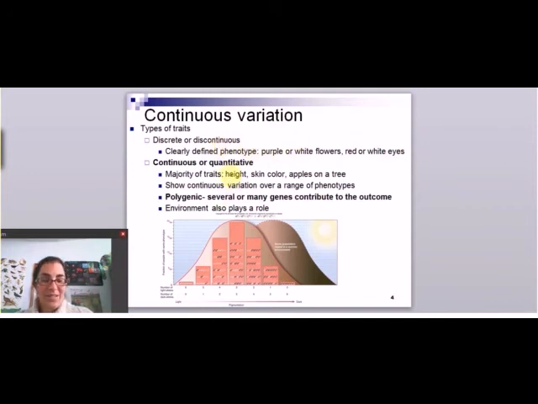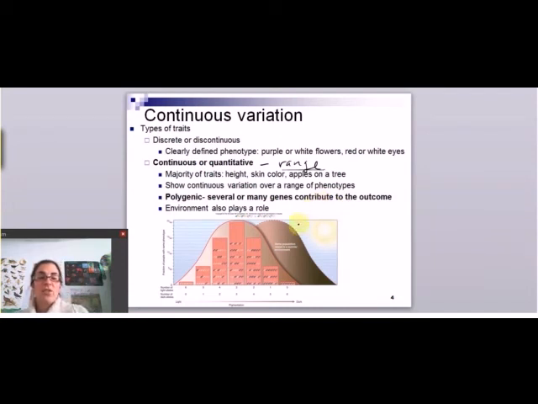Many of our traits, probably the majority of our traits, are continuous or quantitative. That means that they're really a range rather than discrete phenotypes. So think about height, skin color, the number of apples on a tree, the number of flowers on a plant. These all have a range.